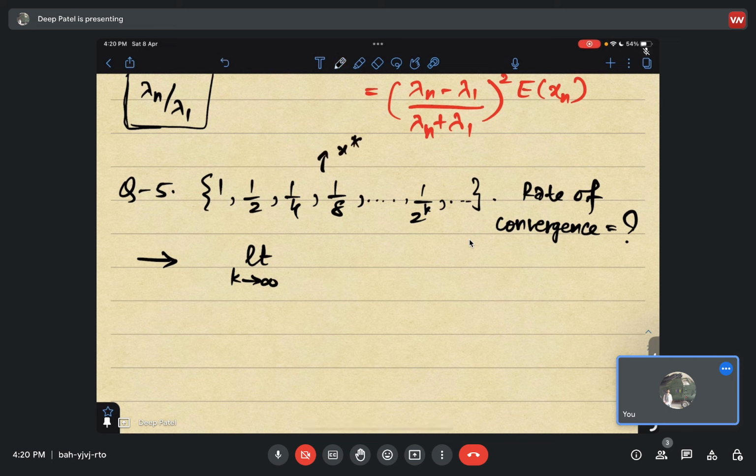Here x star is 0. This definition was a bit confusing for me to understand the first time.